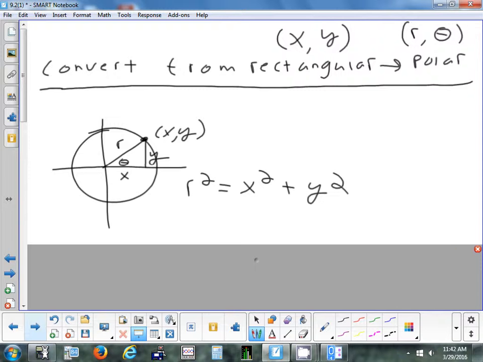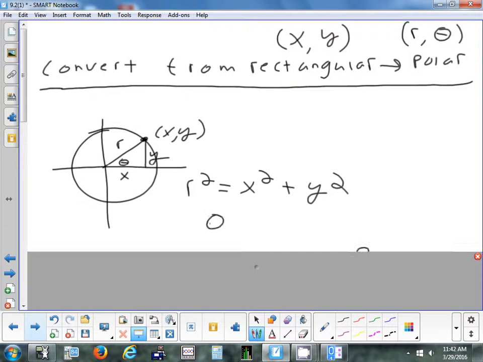Okay, and what trig function would you use to find theta? Yep, theta would equal the inverse tangent of y over x. Now, inverse tangent will return an angle to you that's always between what two numbers? Negative this number and positive. It's always between negative 90 and 90.